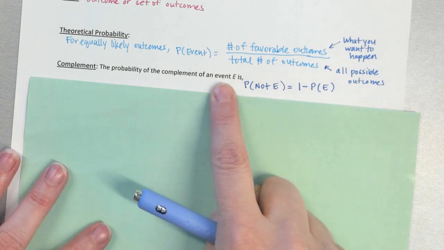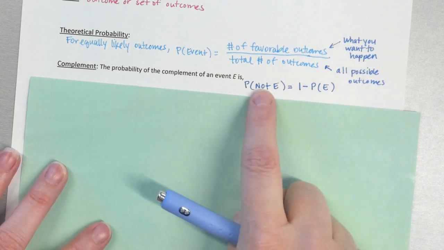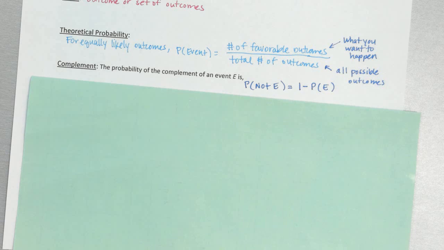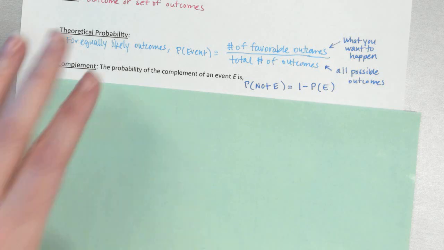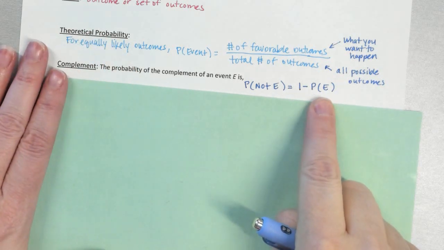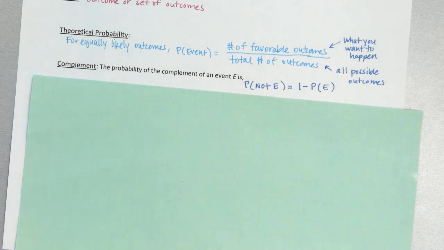So if the event is E, the probability of that not happening, and an example would be, oh, the probability of us not tossing the heads, right? Then you would do 1 minus the probability of the event happening.